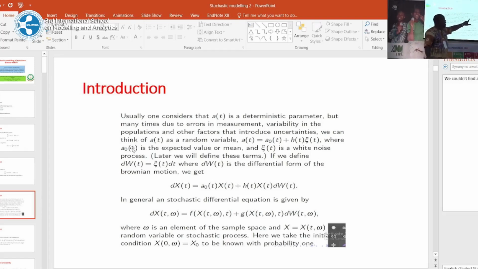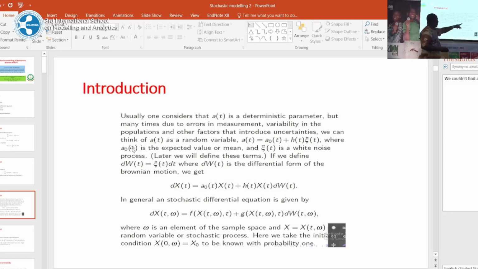So a of t will now be a naught of t plus h of t psi of t, where a naught of t is the expected value or mean, and psi of t is a white noise. The white noise is a collection of stochastic fluctuations. Later we will define this term.